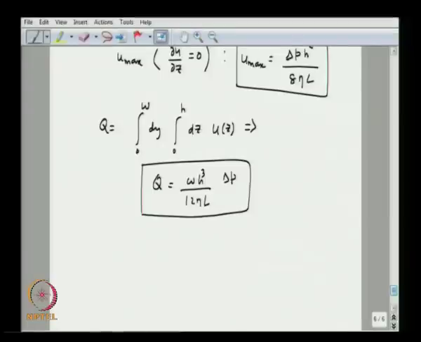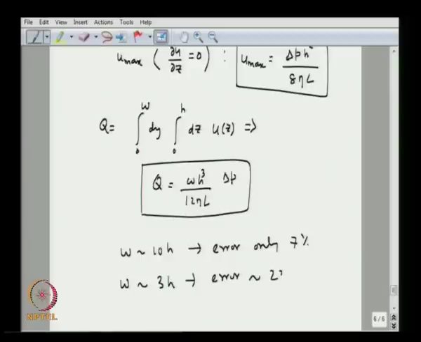Okay. And this expression for the flow rate can be applied to flow through a rectangular channel, and the accuracy would be very good if the width of the rectangular channel will be about 10 times the height. Okay. So, when w is about 10 times h, the error is only 7%, but if w is about 3 times h, the error goes to 23%.